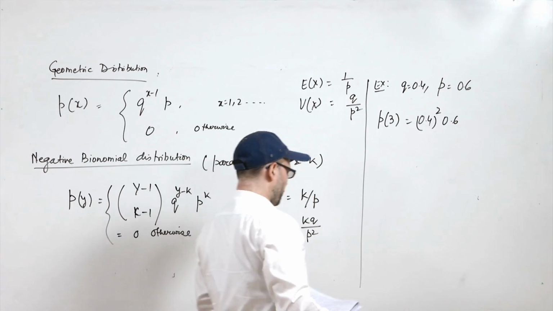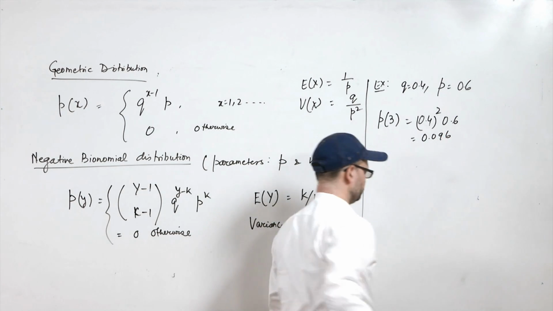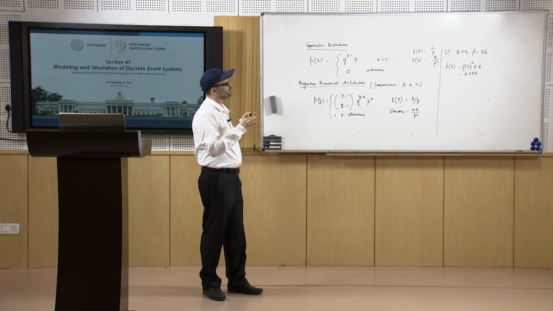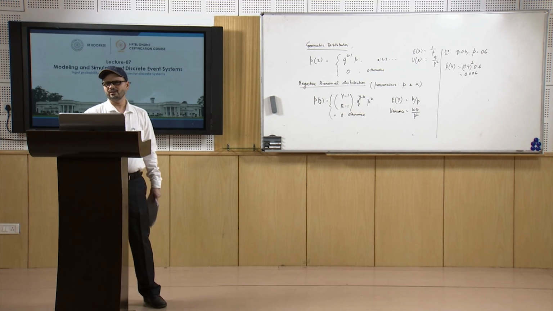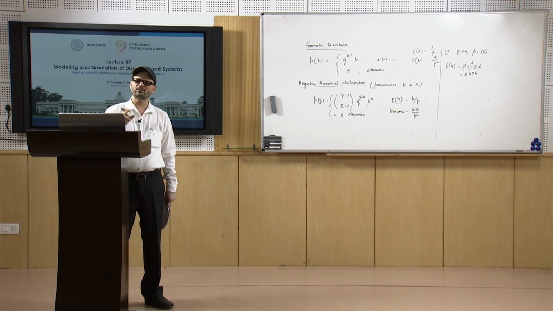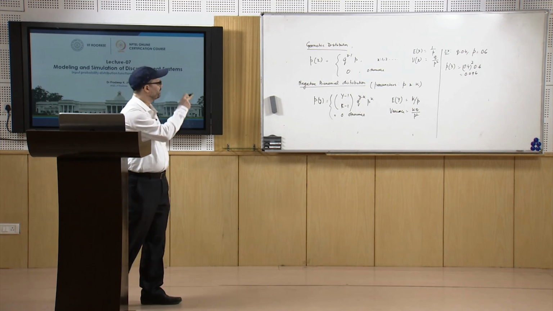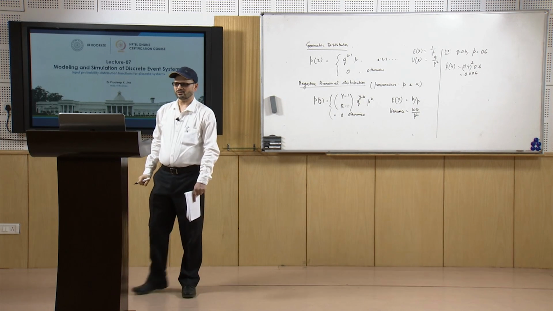So, it will be 0.096. It means approximately 9.6% is the only chance that the third printer inspected will be the first acceptable inkjet printer. So, such problems can be solved using this kind of distribution functions.